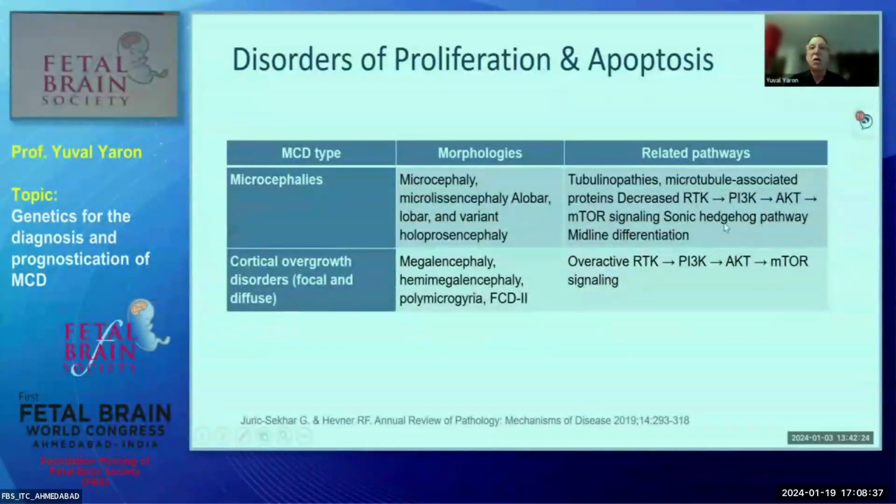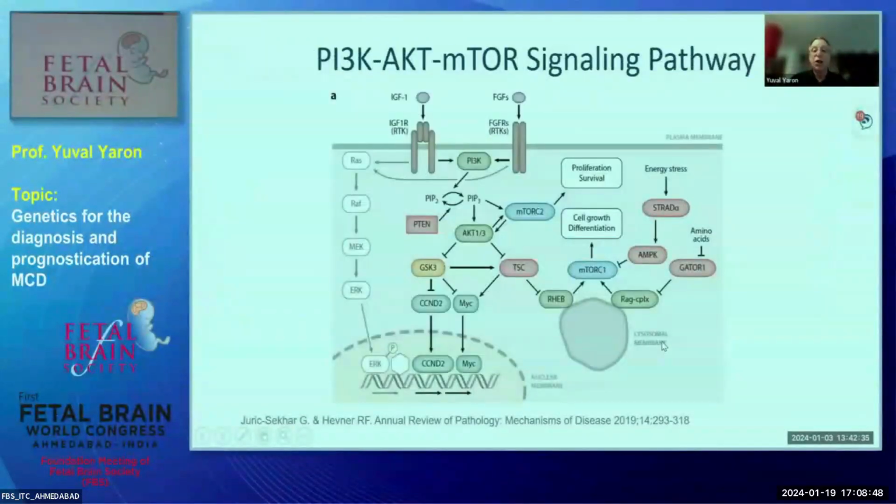And so this caused undergrowth, whereas cortical overgrowth will be caused by overactive pathways, as I've described before. And this just shows you the pathway and the various different components of this very complicated pathway, including the RTK receptor, and then this activates a downstream gene pathway.